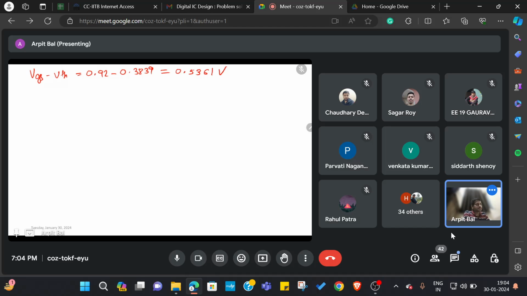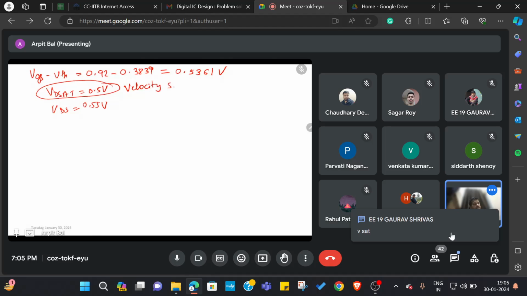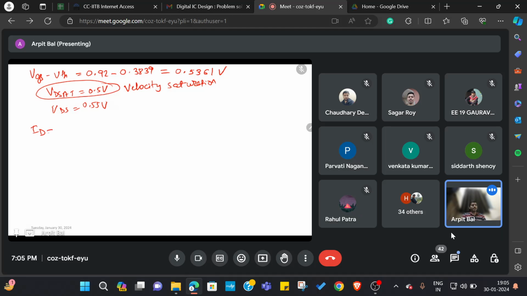Okay, so can someone tell me what is the region? Velocity saturation. Correct, because VD sat is the Vmin here, so we are going to use velocity saturation. Okay, now let's figure out what is the drain current.